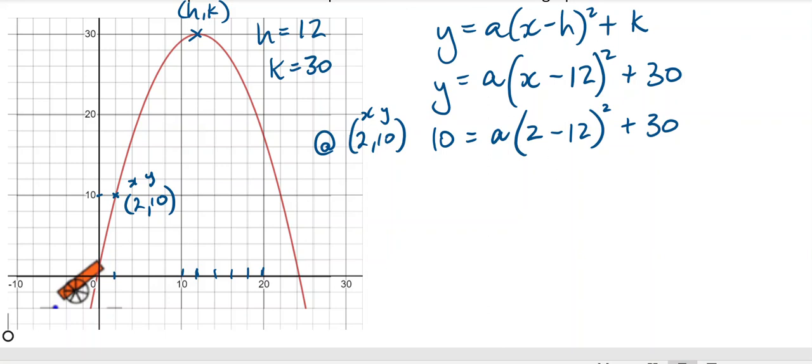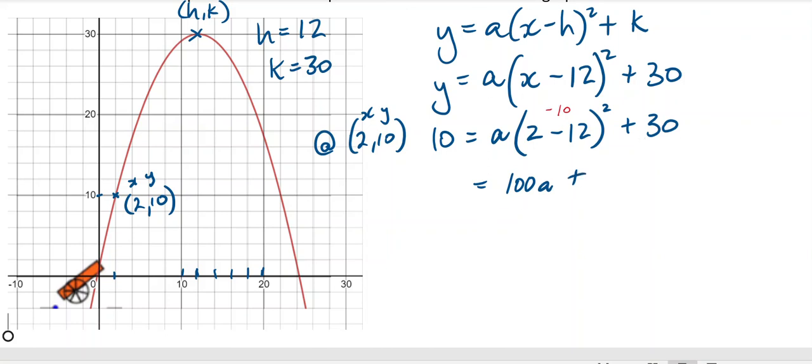We do what's in brackets first. 2 minus 12 is negative 10. Negative 10 getting squared gives positive 100, because negative 10 times negative 10 is 100. So it's a times 100, which we would usually write as 100a.